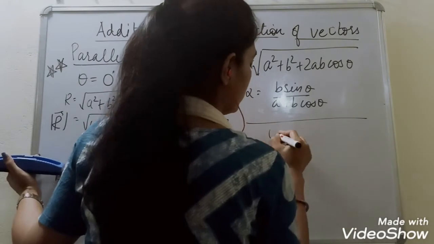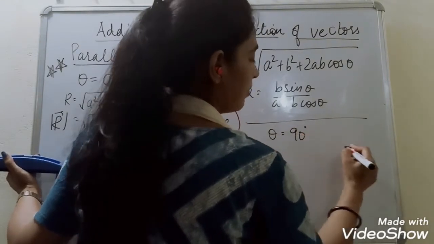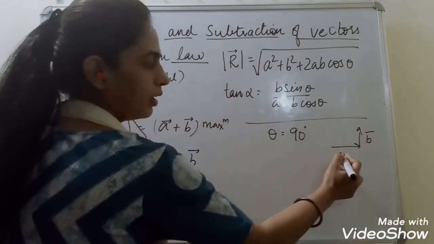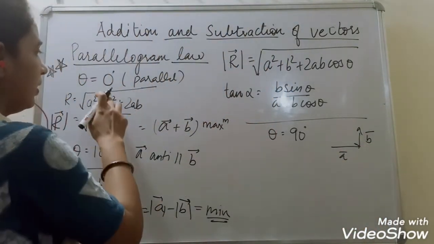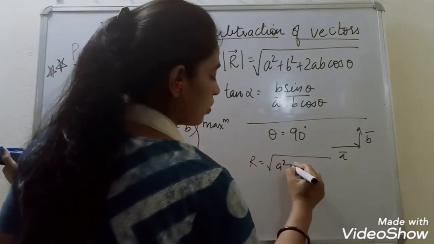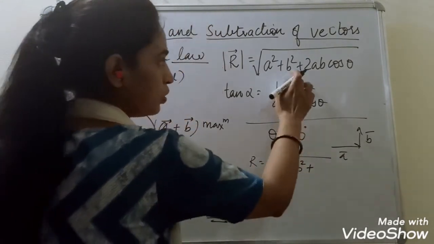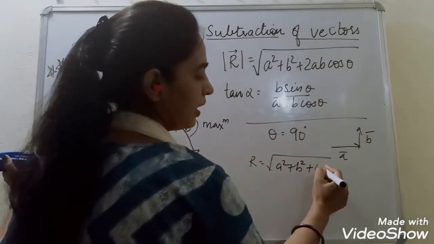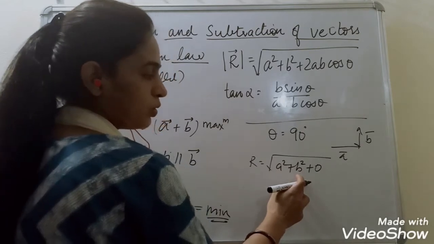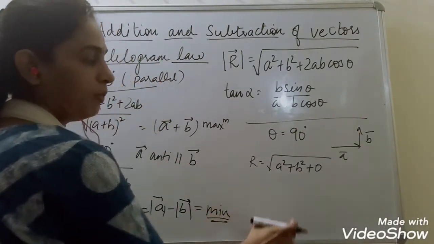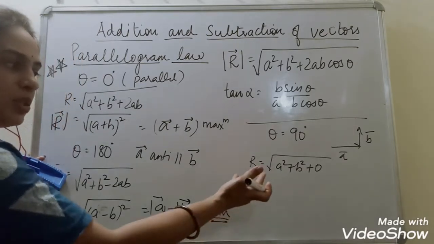If theta is equal to 90 degree, that means vector A and vector B are perpendicular to each other. Then R will be equal to the square root of A squared plus B squared plus 2AB cos 90. Cos 90 is 0, so this whole term will be 0. That is equal to the square root of A squared plus B squared.